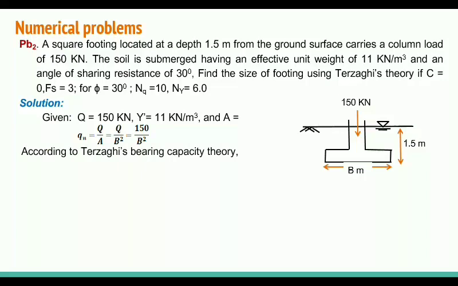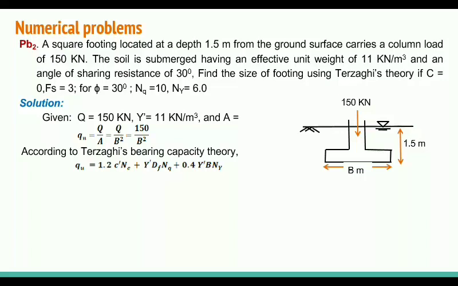Now we can calculate the ultimate bearing capacity in terms of B by using the Terzaghi theory. According to the Terzaghi bearing capacity theory, we can write this equation for the square footing. In this case, the water table is at the ground surface, which means the surcharge term will be affected, and the third expression will also be affected due to the weight of the soil.